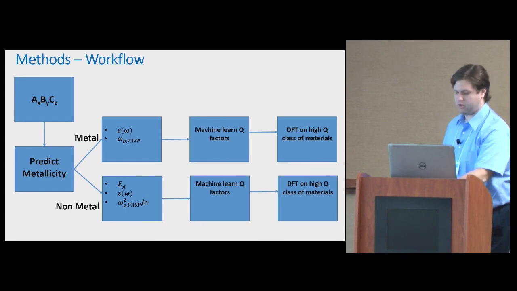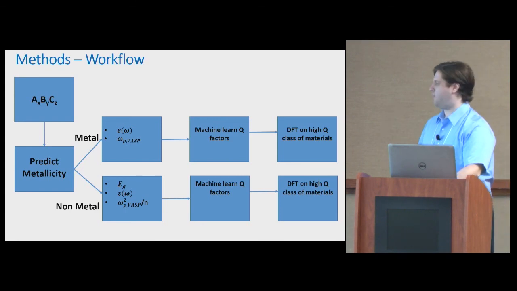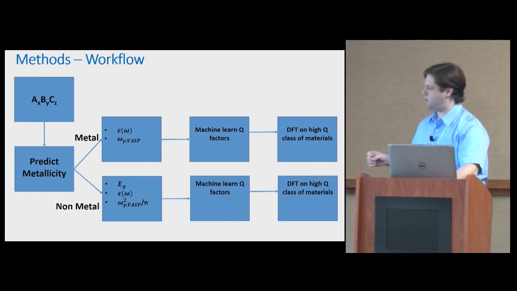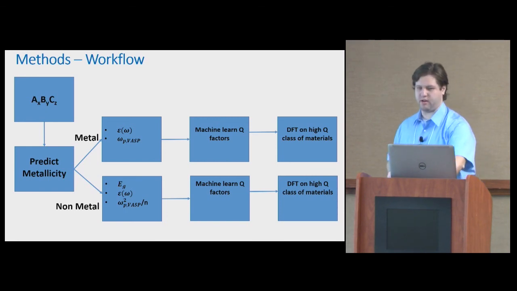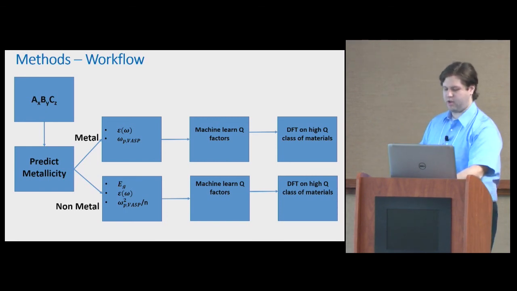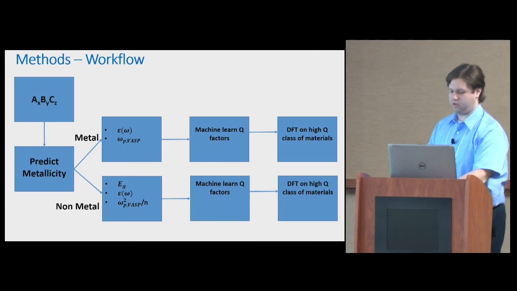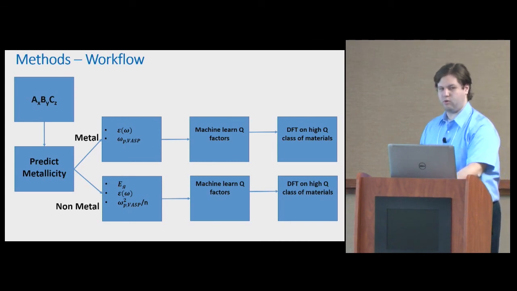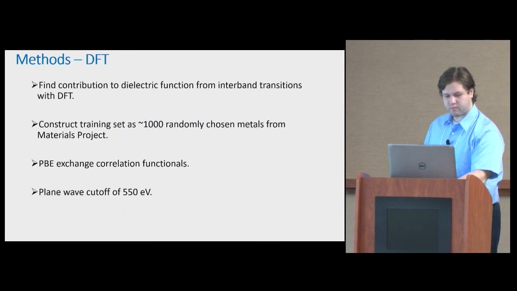Non-metals are overall similar, but in this case, we also have to find the energy gap, and the plasma frequency is now dependent on the doping concentration. But once we have that, then we can machine learn quality factors and do DFT in much the same way.